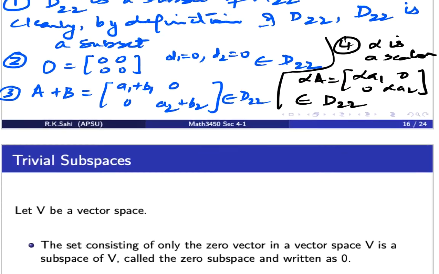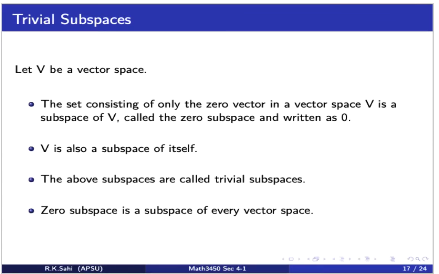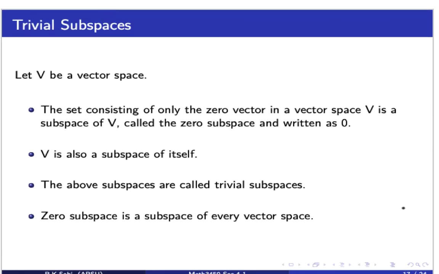Let's look at trivial subspaces. If V is a vector space, the set which consists of only the zero vector, that's the one I'm saying here, is always a subspace of V. We call it the zero subspace and we write it as this.